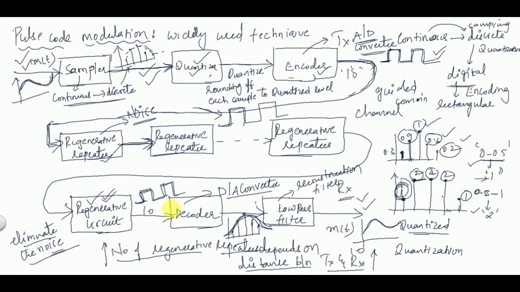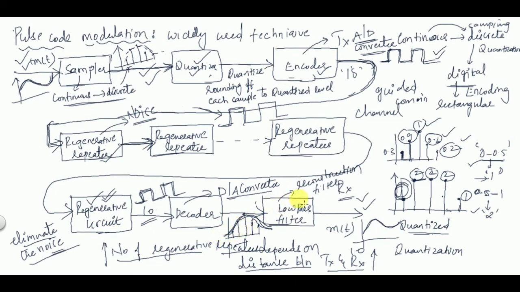Then it is passed through the decoder, which is a D to A converter. So this digital data is converted into its corresponding analog data, that is, it is converted into samples again.